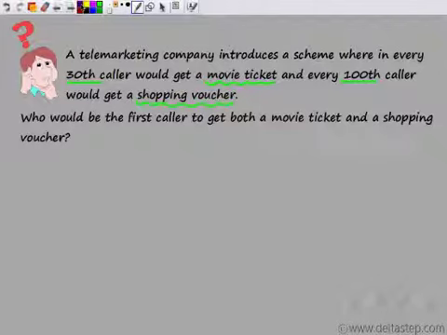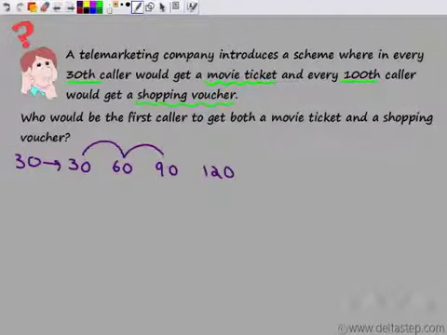Let's look at this. We know that every 30th caller is getting a movie ticket. So the 30th caller would get a movie ticket. Then again the 60th caller would get a movie ticket, the 90th caller, the 120th caller. So what is happening? These are multiples of 30.